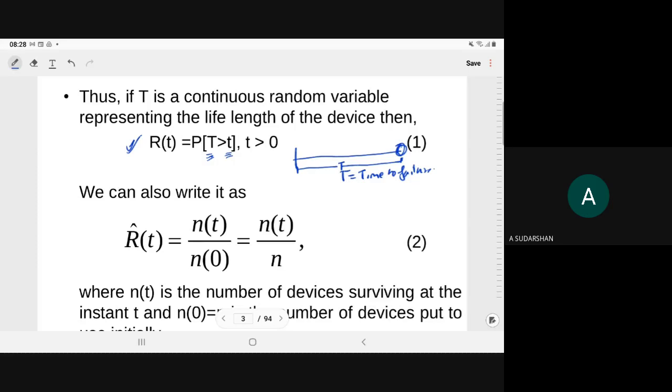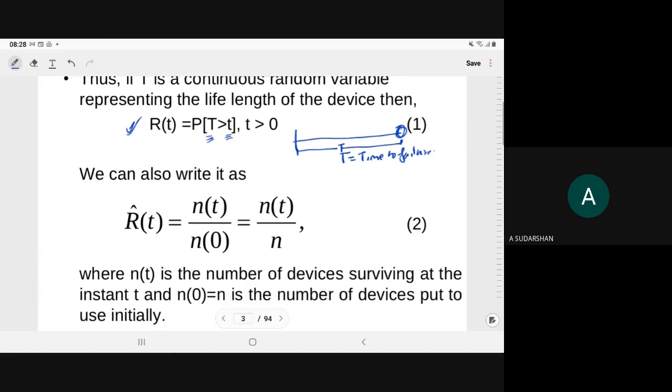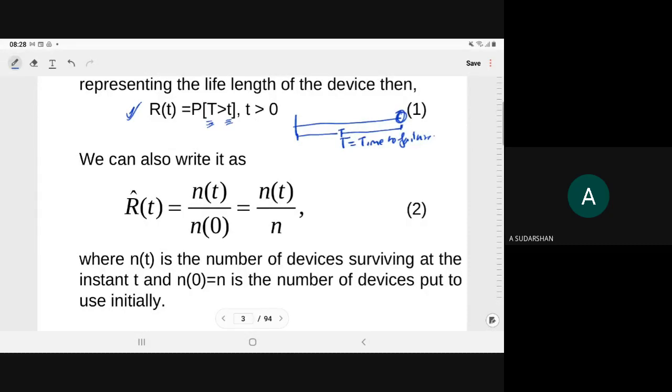And if you want to give the relative frequency definition for reliability, we can say reliability is the number of surviving devices at time t divided by the total number of devices we started to use at time t equal to 0.